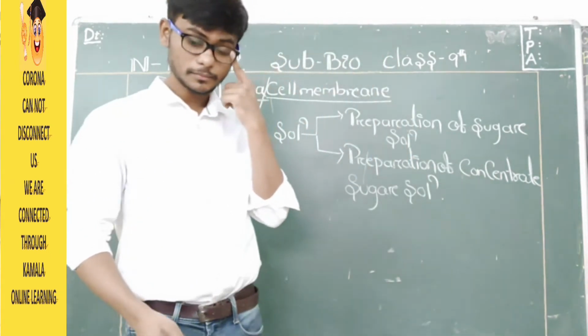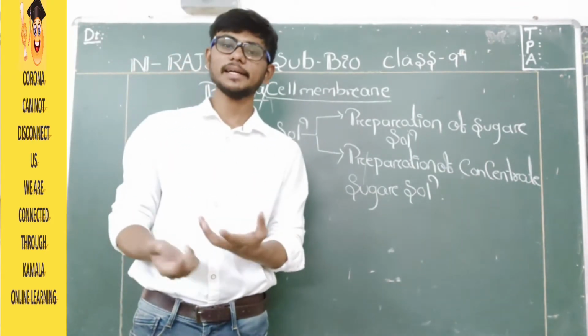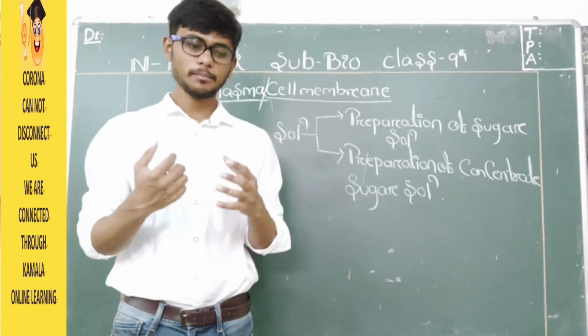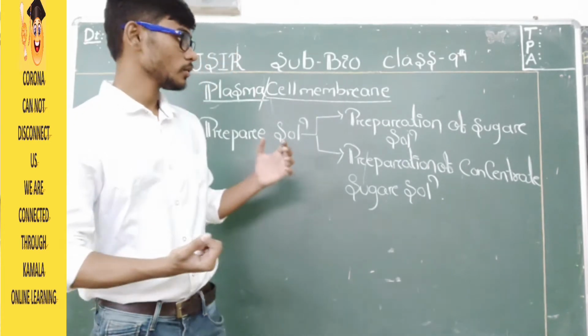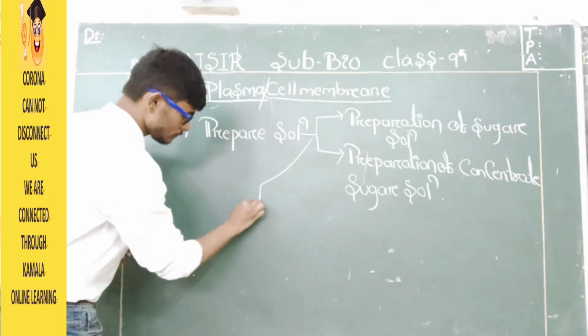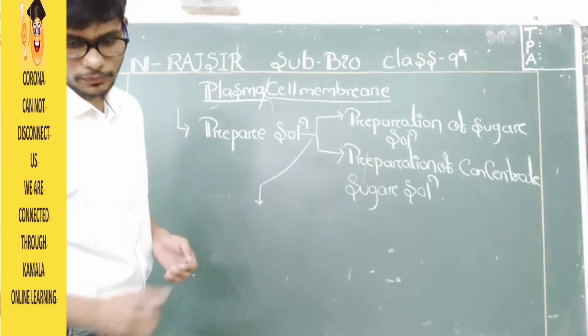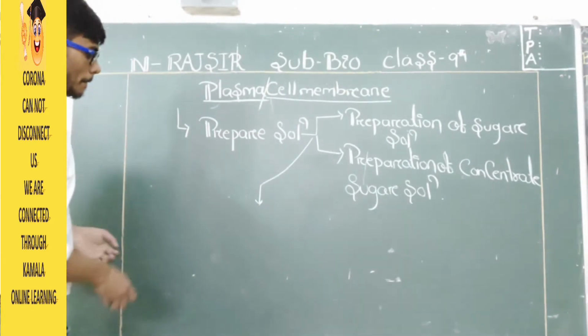First thing, how to prepare a sugar solution. In your book, it's your first activity, I think. It's your first and most important one. So let us understand how you will make it. Situation number 1. What we will take? We will take one beaker.